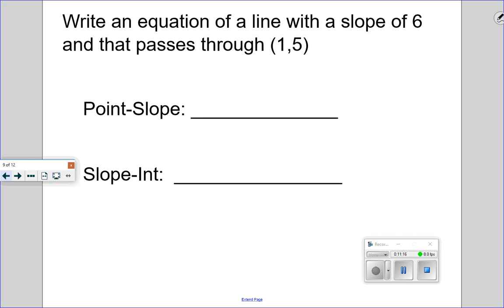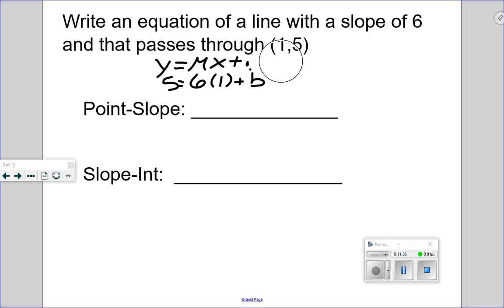Before, if you wanted to put this in slope-intercept form, you had to solve the equation. You'd have to write the equation in y equals mx plus b form, plug in the slope, plug in the point for x and y and solve for b. And while that wasn't too difficult, now with point-slope form, we've got an even easier way to do it.